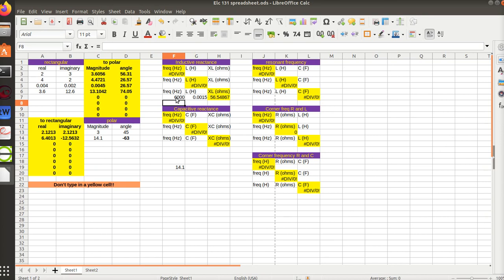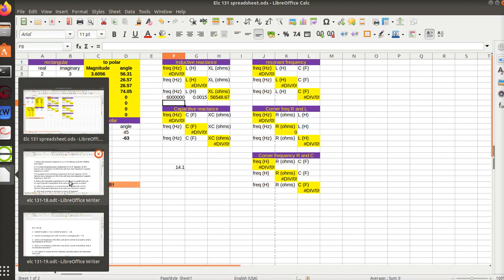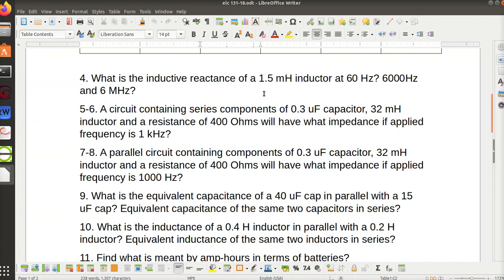You see that my XL is going up, and if I do 6 mega, it says 6 with 6 zeros. 1, 2, 3, 4, 5, 6. You see that my XL is going up as frequency goes up, and I'm just either trying to get you used to working that equation or using the spreadsheet, however you feel like it's best to do it.